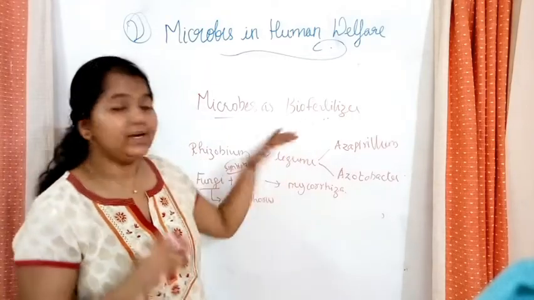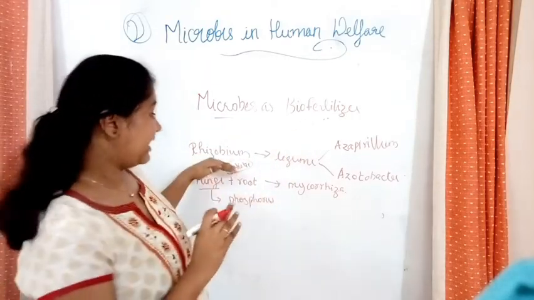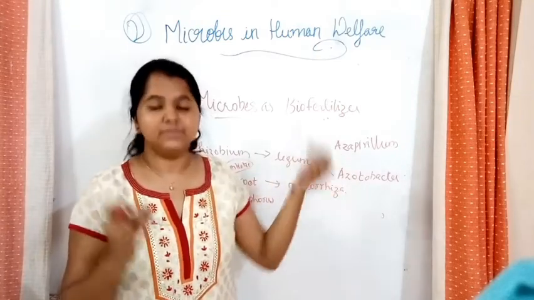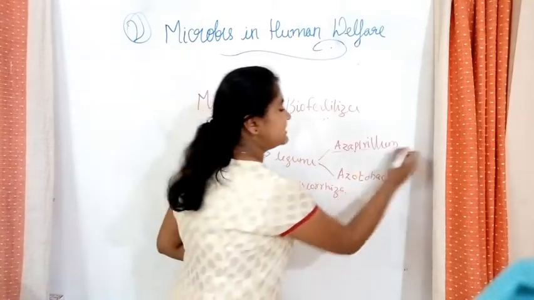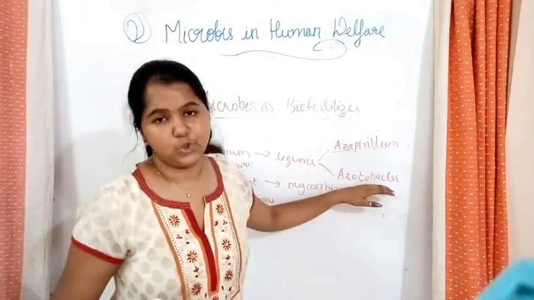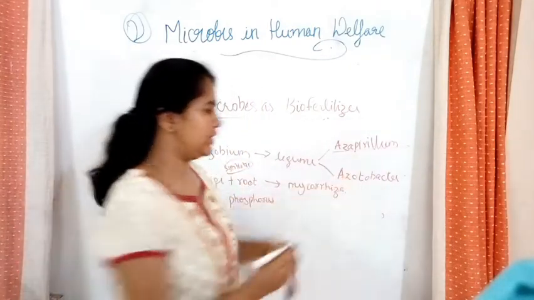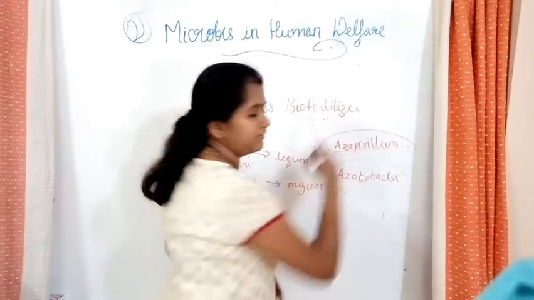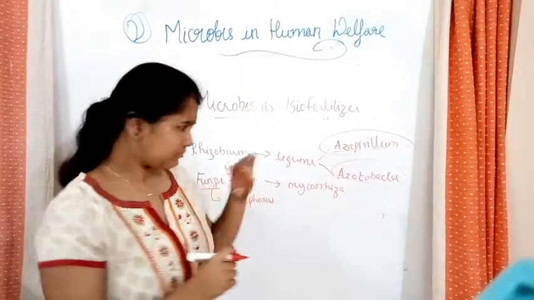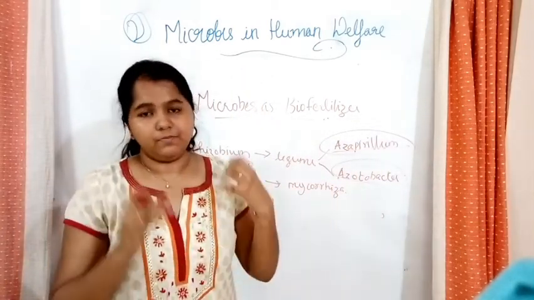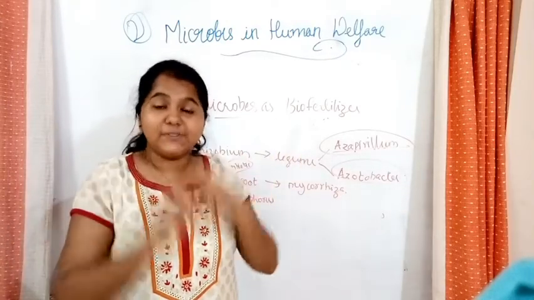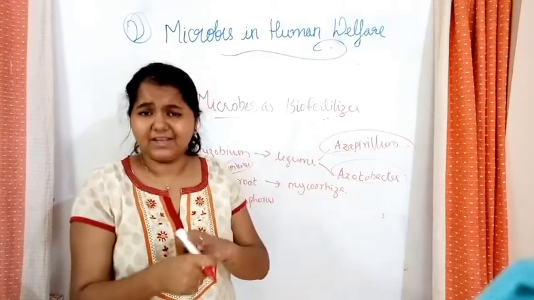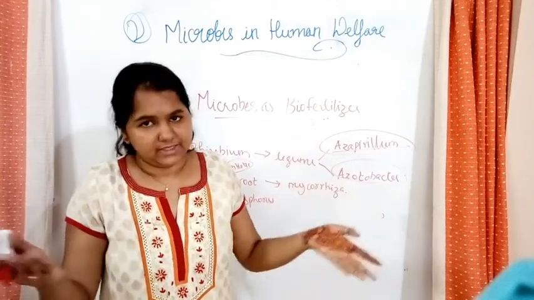Other than Rhizobium, there are some other organisms which fix nitrogen, called Azospirillum and Acetobacter. These two are also examples of nitrogen fixing bacteria. I told you biofertilizers can be microbes, and these microbes can be bacteria, fungi or even cyanobacteria.